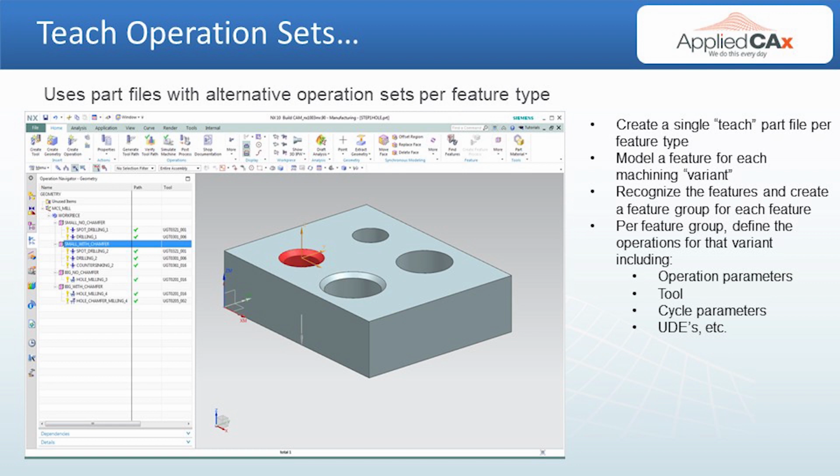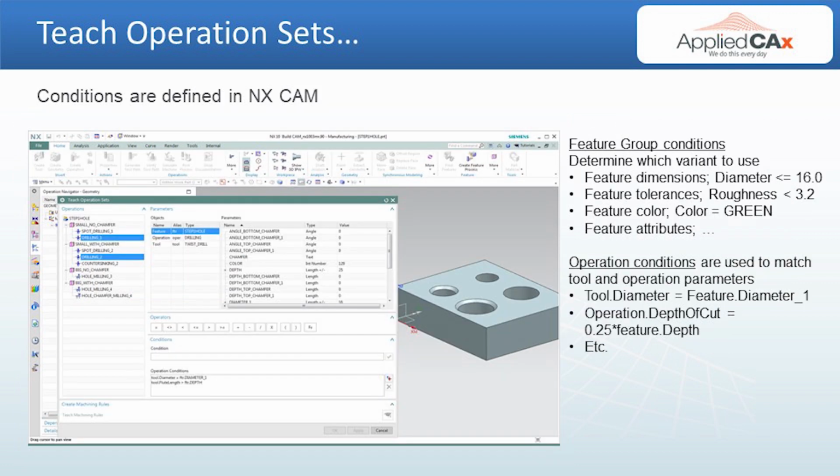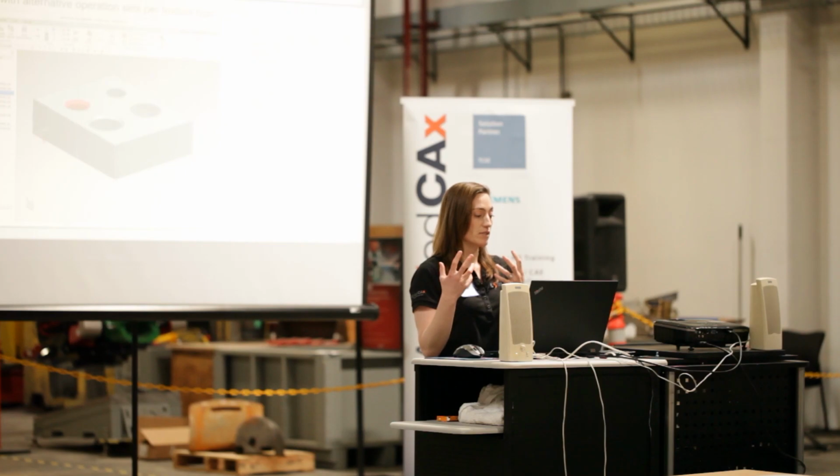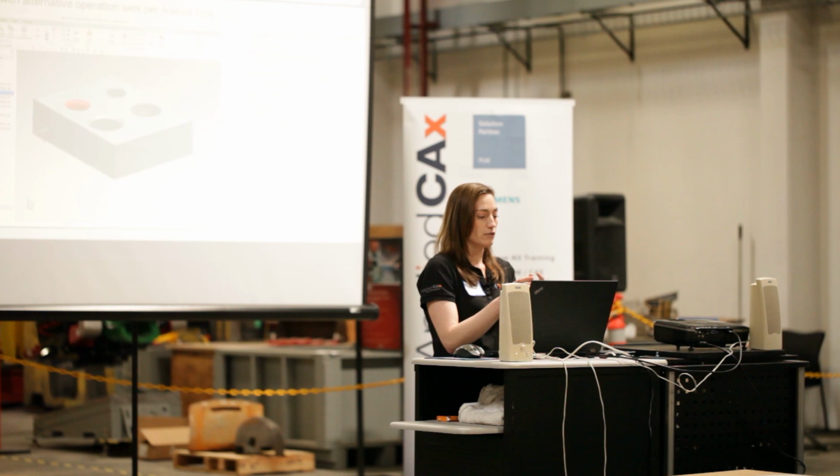Not only does it contain the feature definition, it holds the operations, the machining process that you've identified as your best practice. All of that information remains in one place. And that's really good, because in the future, as you go through iterations and improve your process, you go back to this part, update it here, and it all stays together.